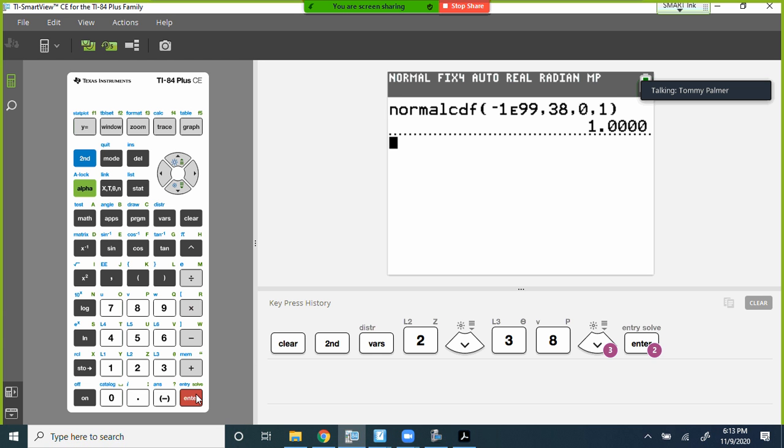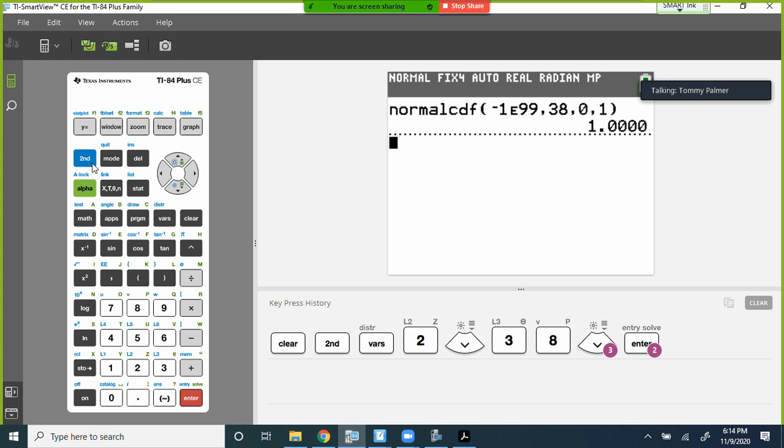Boom. Oh, hold up. Not for that. Sorry. If you're using the 38, it has to be the mean and standard deviation that goes along with that 38. If I use the z-score there, then I could put 0 and 1.